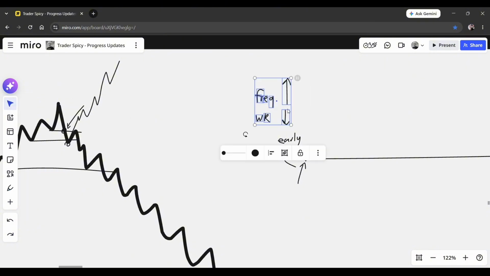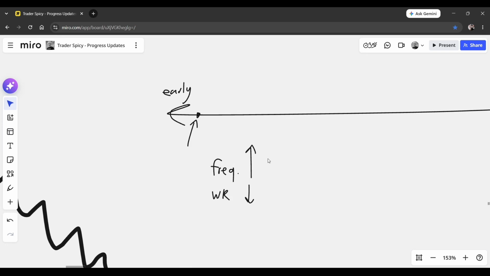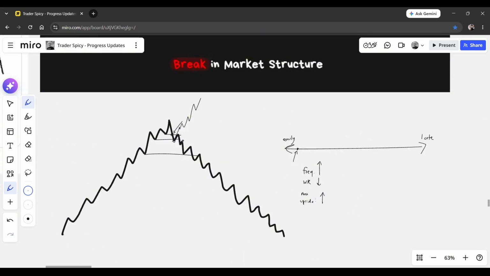Actually, I'm just going to pull this down here just so I have a little bit more space. So frequency is going to be higher, your win rate is going to be lower, but your max upside in the trade is going to be higher. Because if you're entering earlier, you have more room to catch a trade, right?